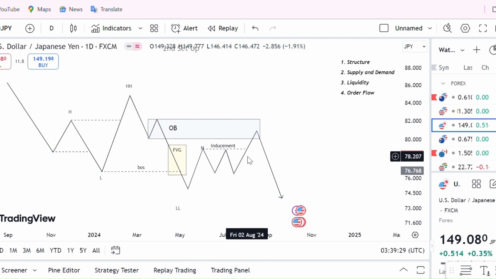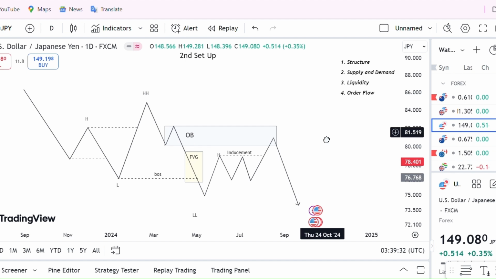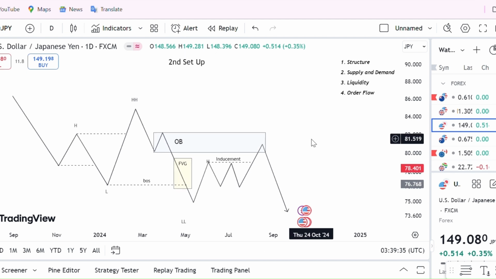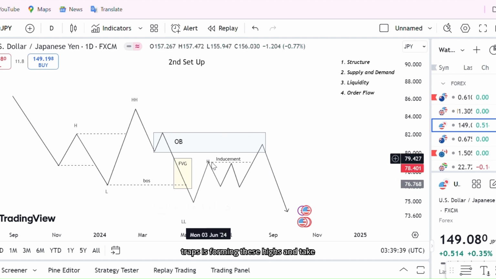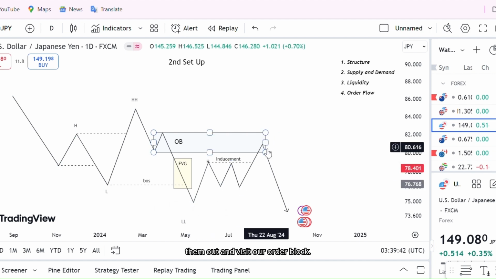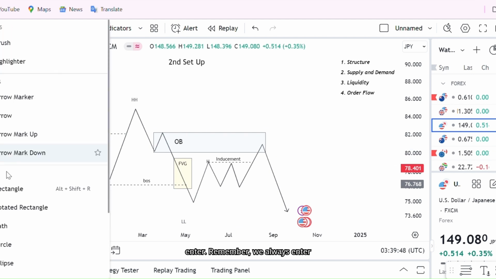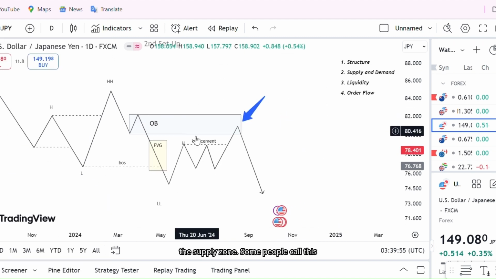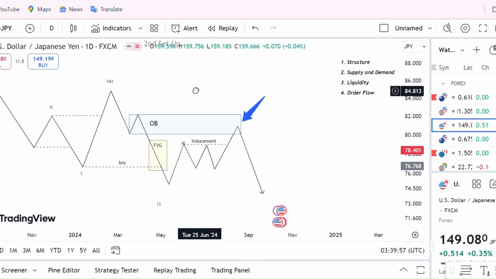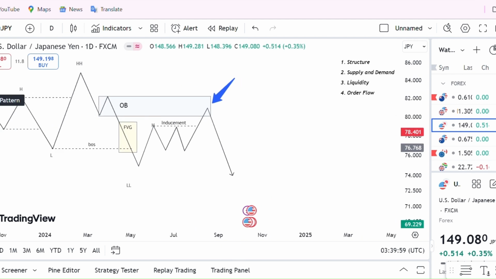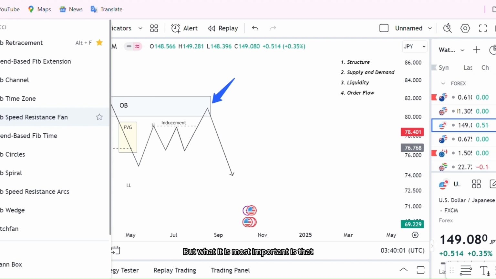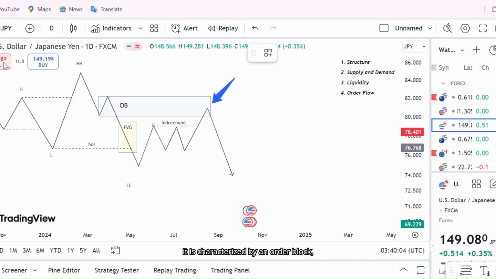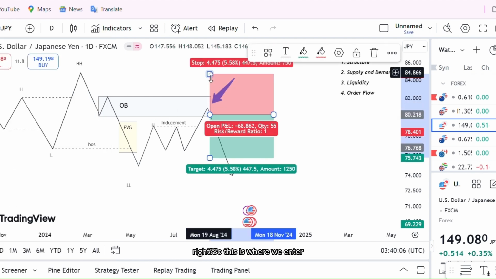But now one of the market traps is forming these highs and taking them out and visiting our order block. So that's where supply and demand traders will enter. Remember, we always enter on the order block or on the supply zone. Some people call this area a supply zone, but what is most important is that it is characterized by an order block, right?